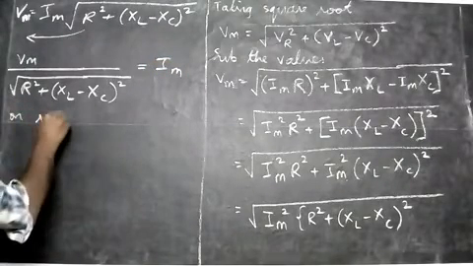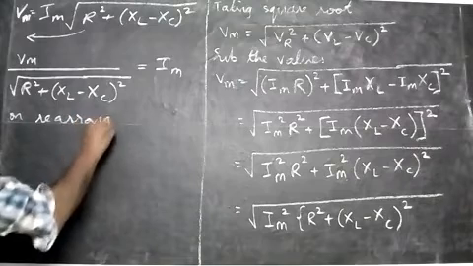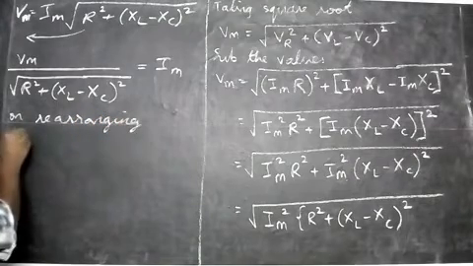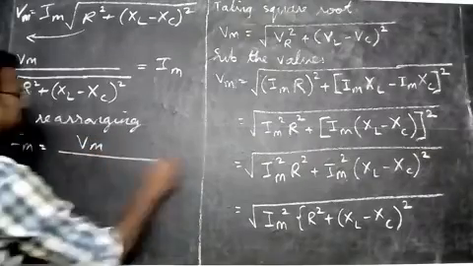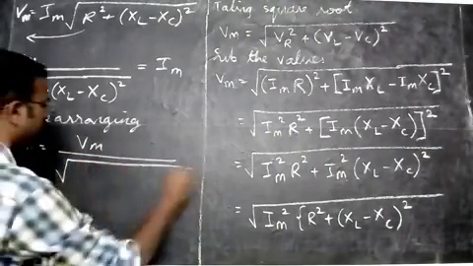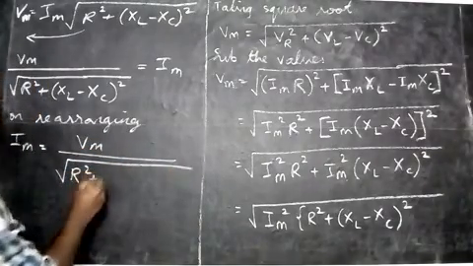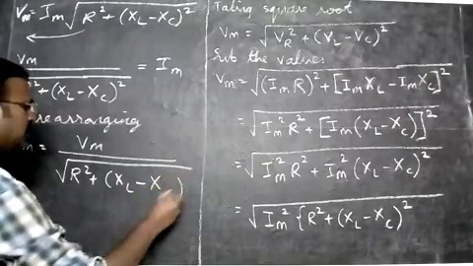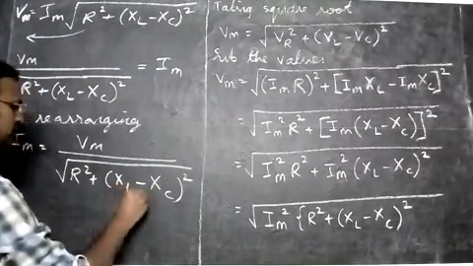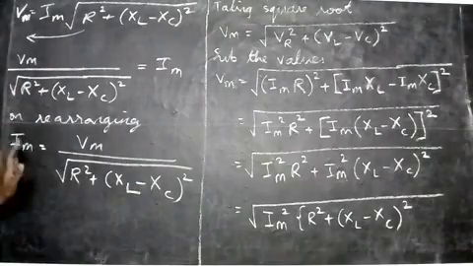On rearranging, Im is equal to Vm divided by root of R square plus (XL minus XC) the whole square. So this value we get here now.